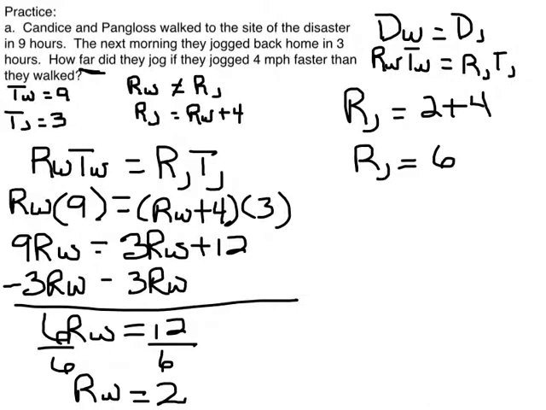How far did they jog? Rate of jogging times time of jogging would give us distance. The time of jogging was 3, so 6 times 3 is 18. So it is 18 miles.